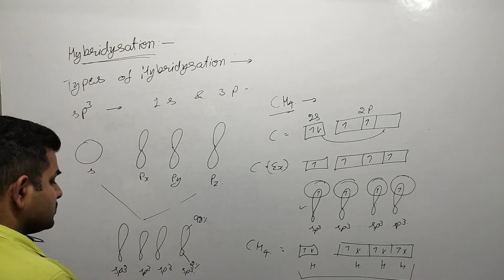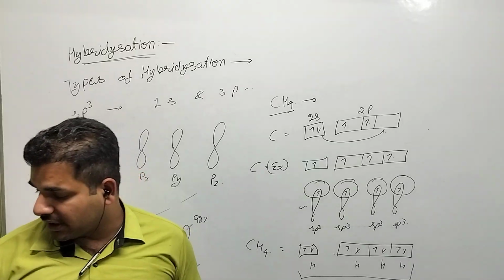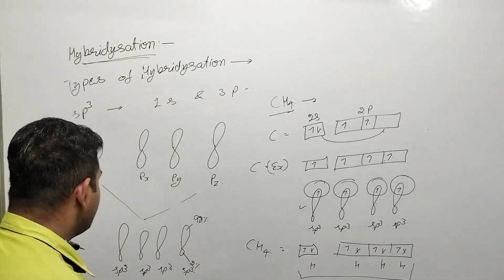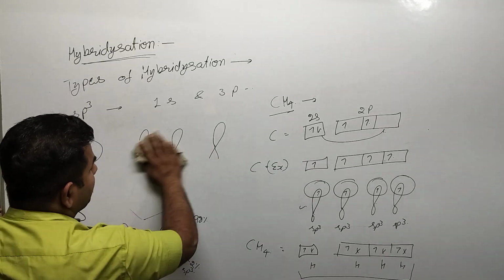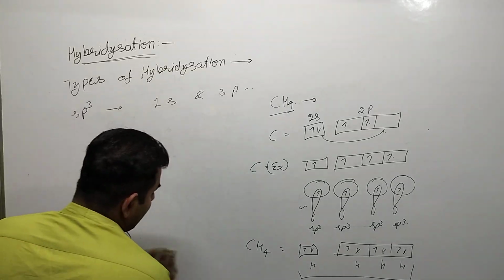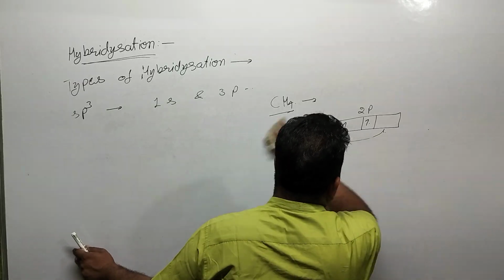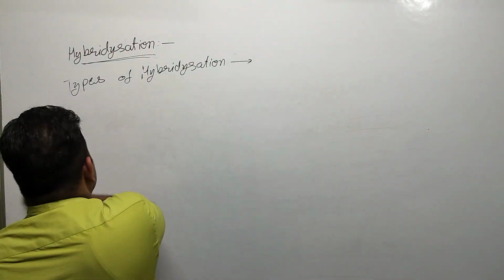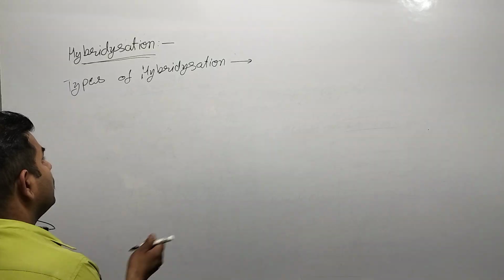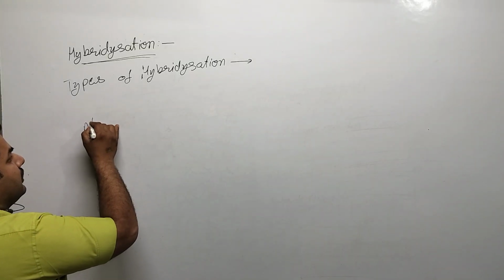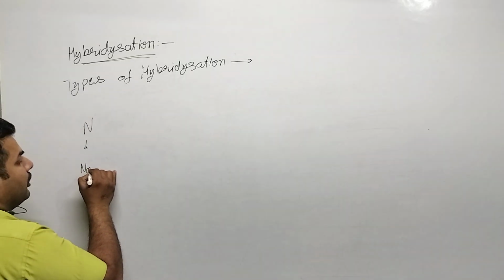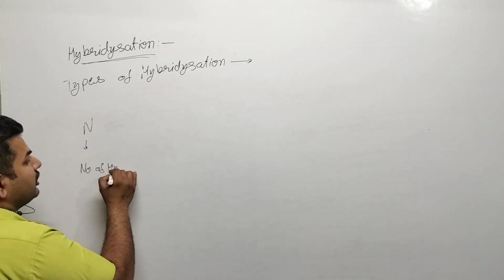In hybridization, we can calculate the hybridization by a simple formula that can be used for atoms, molecules or ions. Here n is the number of hybrid orbitals.